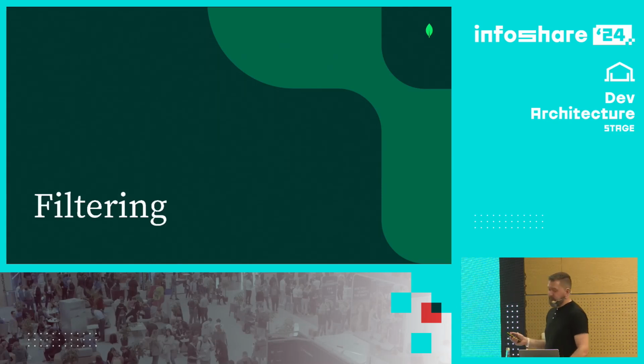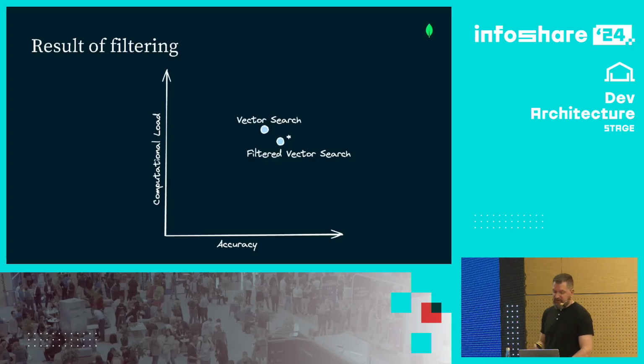So first we had the filtering stage. Let's look at that. Basically with filtering, we're trying to build an allow list to pass to the vector search. A filtered vector search increases accuracy and decreases computational load because we're not passing as much to the vector search. We're filtering out a lot of that information beforehand.